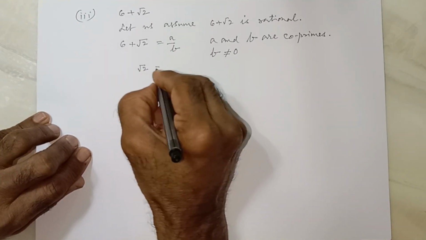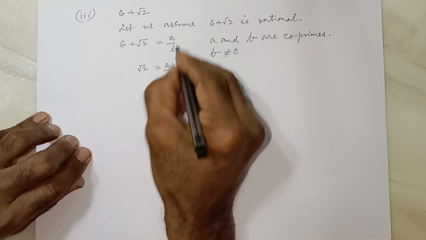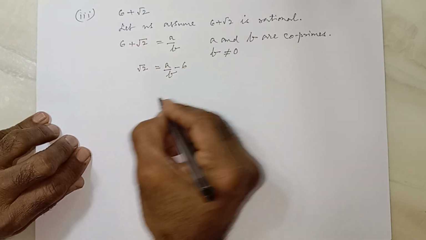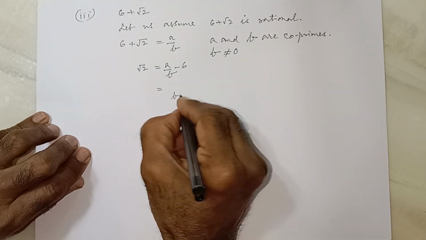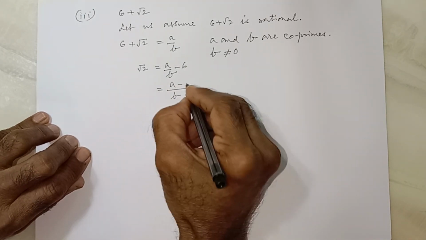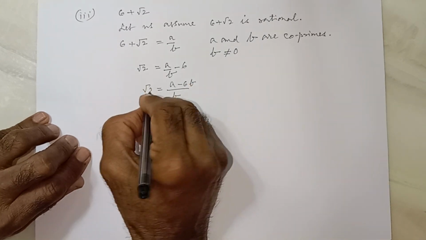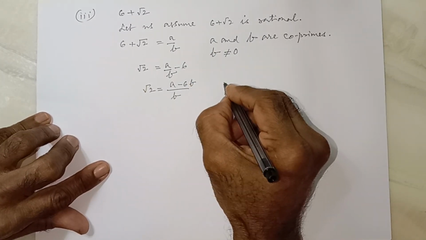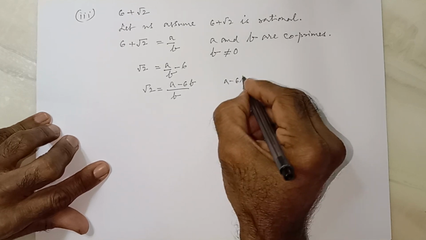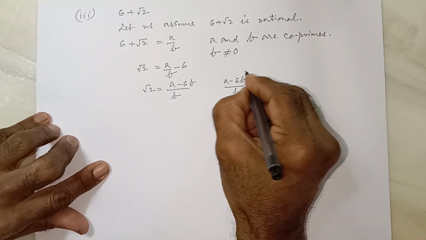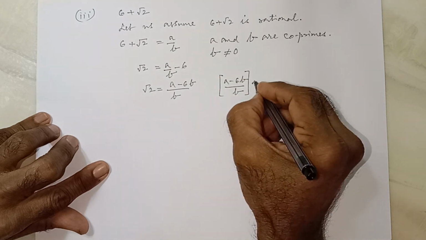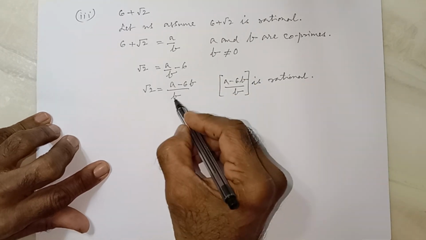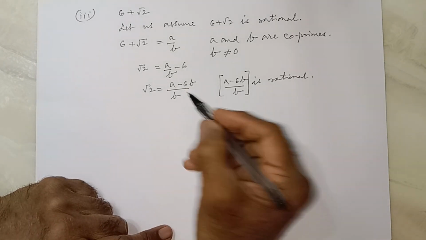Now let us simplify. Root 2 is equal to a by b, that is this, and take 6 to the RHS. Take the LCM, it becomes a minus 6b. Root 2 is equal to a minus 6b divided by b. We know that a minus 6b by b, the whole thing is rational because a and b are integers and 6 is an integer.